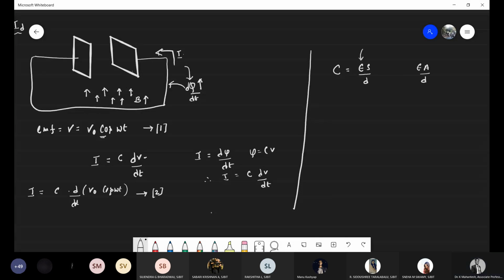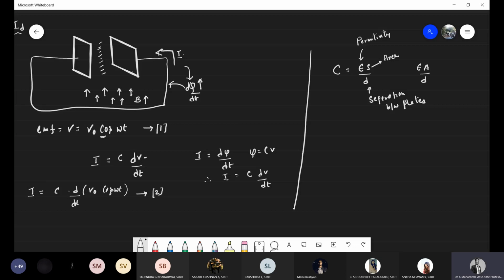Epsilon is the permittivity of the dielectric sandwiched between the capacitor plates, S is the area of each plate, and D is the separation or distance between the plates.